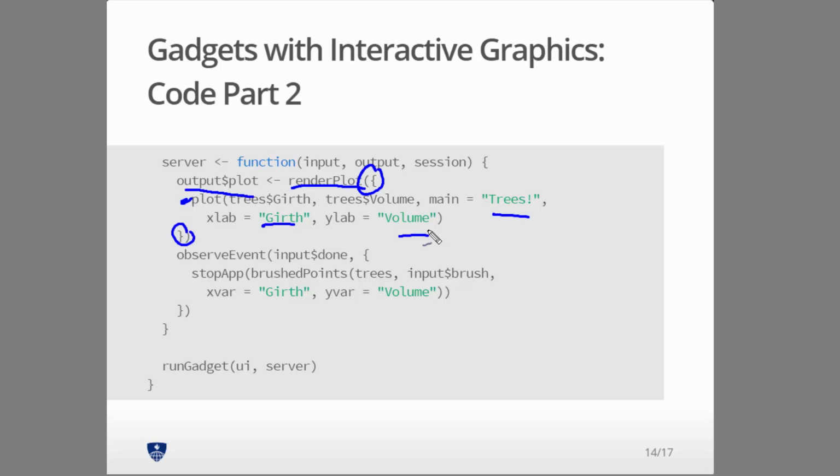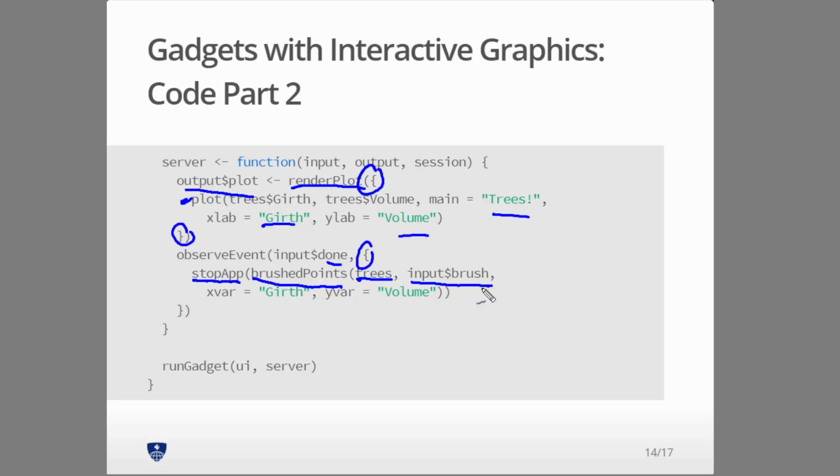Okay, and then observeEvent. Again, we're going to finish the app if it's done. Okay, then we have our curly braces right here again, and then we're going to stop the app after we collect the brush points, which is just after we select the rectangle from the trees data set, and the input is input$brush.